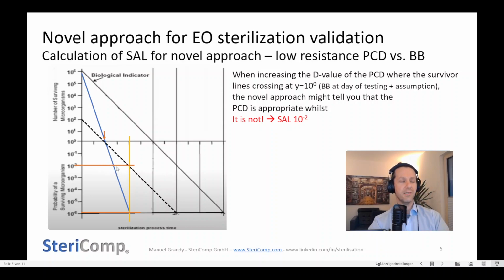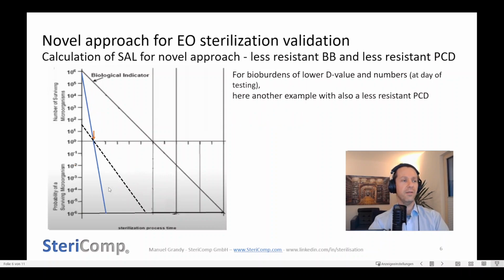So hopefully this explains the main issue of this approach. The D value of the product bioburden can be much higher than the D value of the PCD you choose. Okay, the approach is not helpful there.